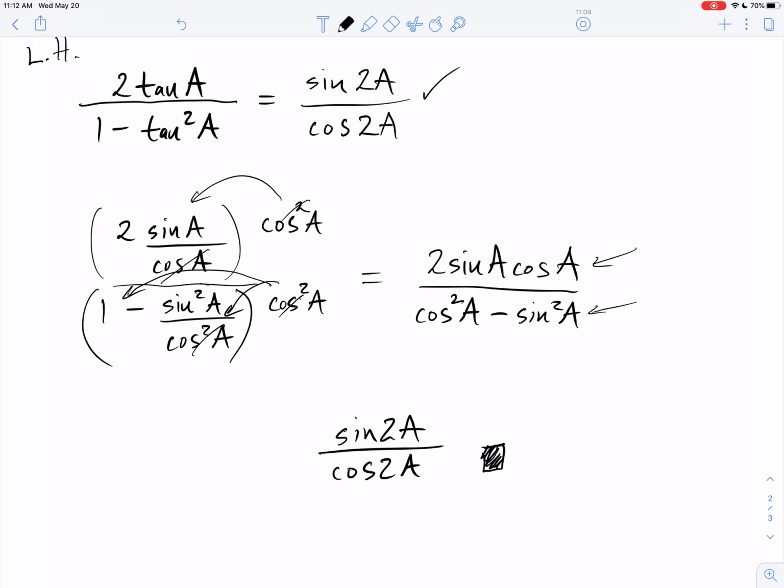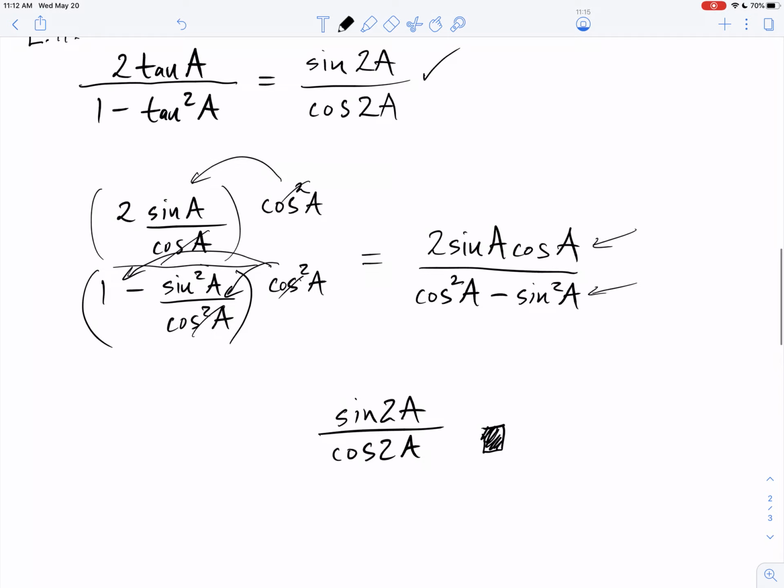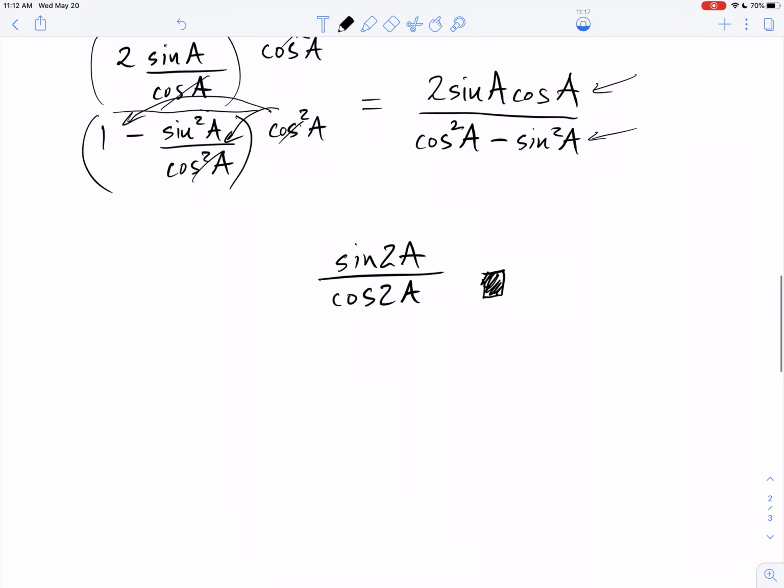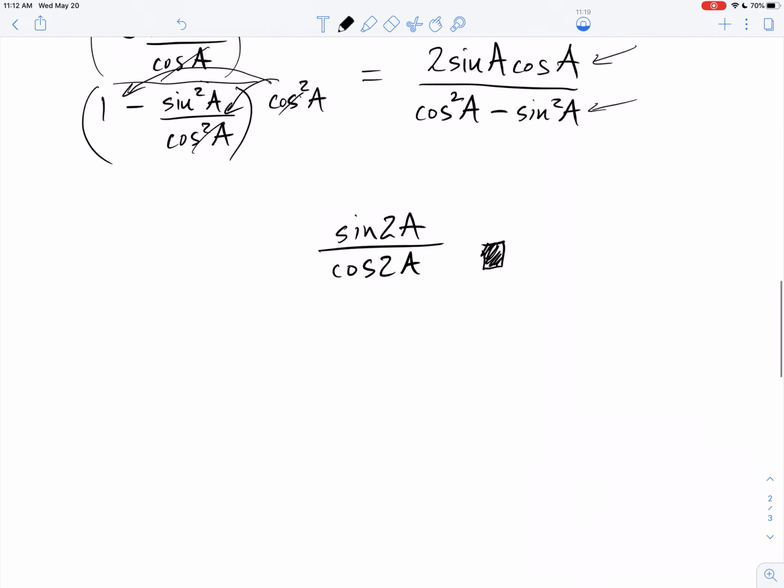Now, I mention that because in your future, you're going to be doing a lot of stuff where they ask you to calculate things based on this. So, just to give you a little glimpse into your future, and I'm not doing a lot of stuff here, just to get you ready for the next lesson, let's suppose they gave me something like this. Here's an example of the type of thing you might see.